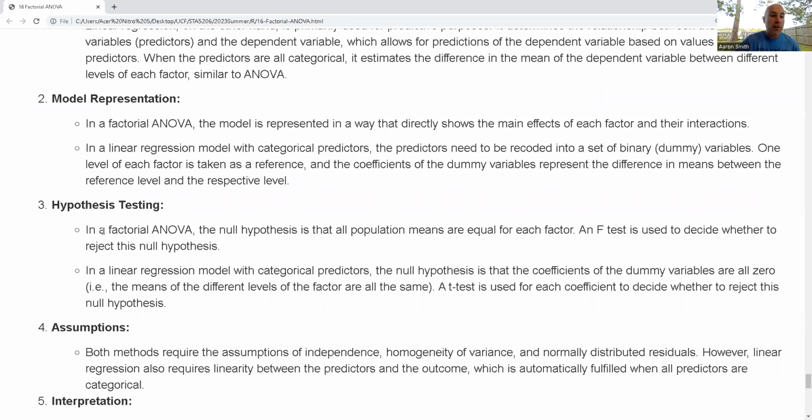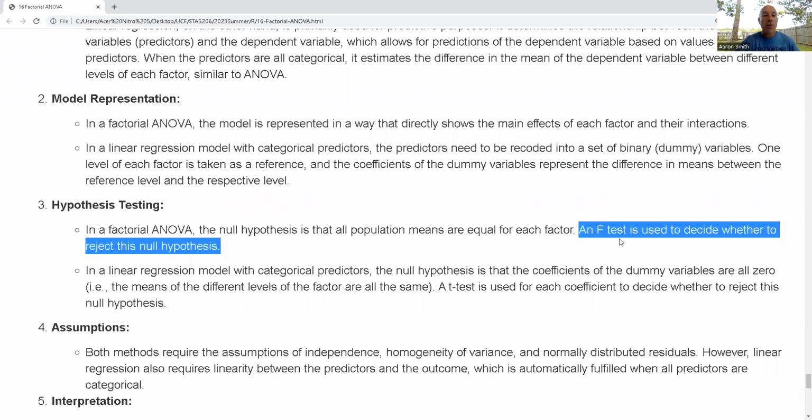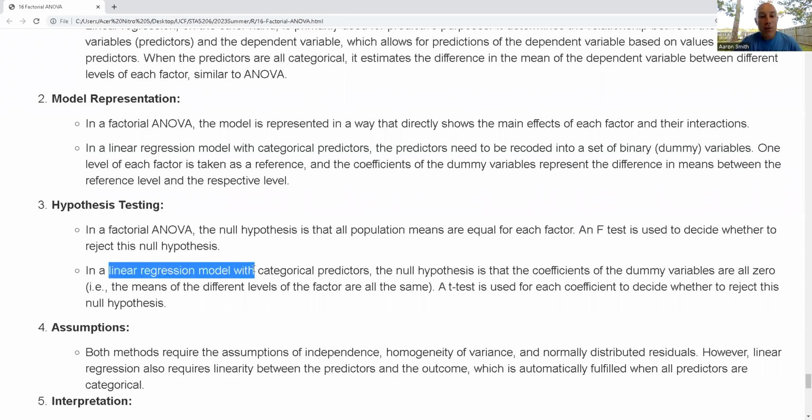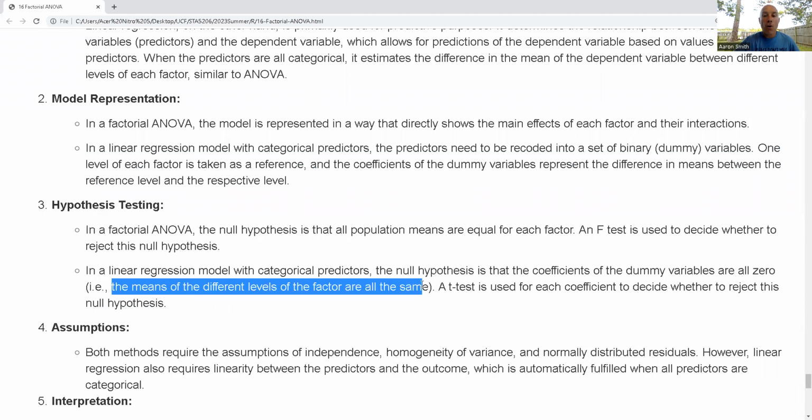For hypothesis testing, in a Factorial ANOVA, the null hypothesis is that all population means are equal for the factor. An F-test is used to decide whether to reject the null hypothesis. In linear regression with all categorical predictors, the null hypothesis is that the coefficients of the dummy variables are all 0. The means of the different levels of the factors are all the same.